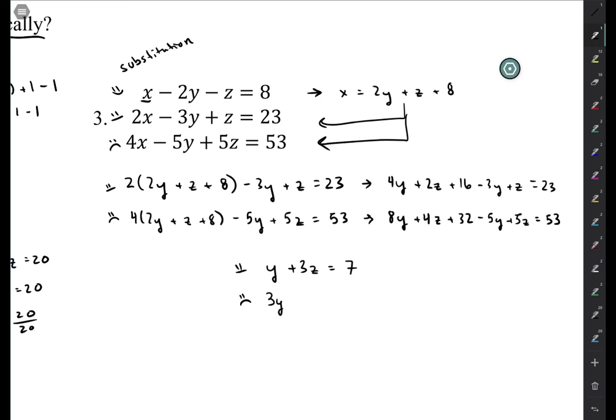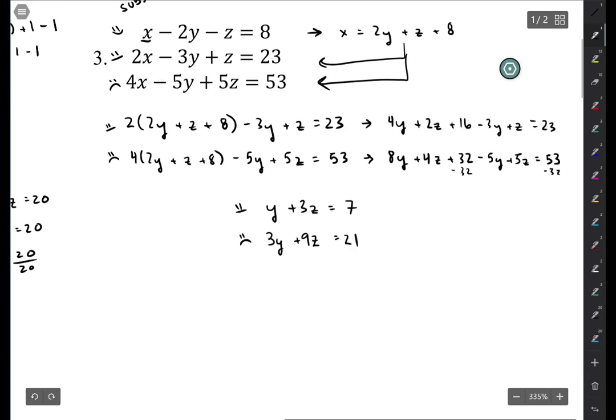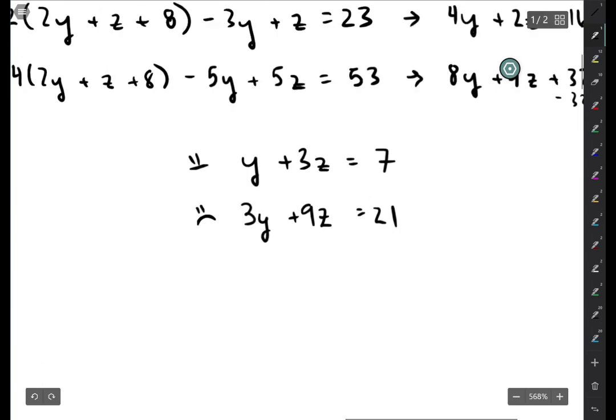Z's, 4 and 5 is 9. And subtract 32. 53 minus 32 is 21. Okay, so now I'm at meh and frown.